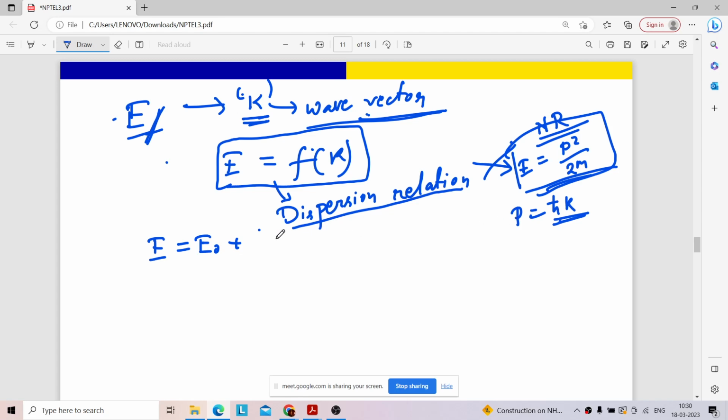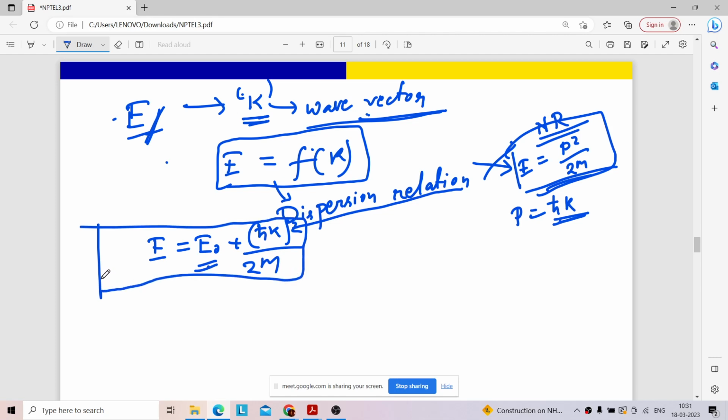So I can write this as, assuming there is some initial energy E0, E equal to E0 plus ħk squared over 2m. This is a dispersion relation for a non-relativistic particle.